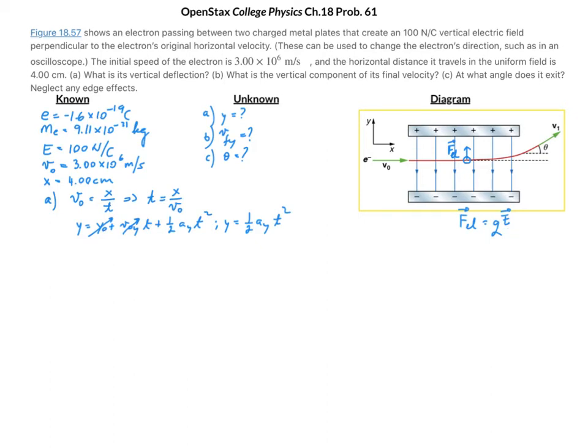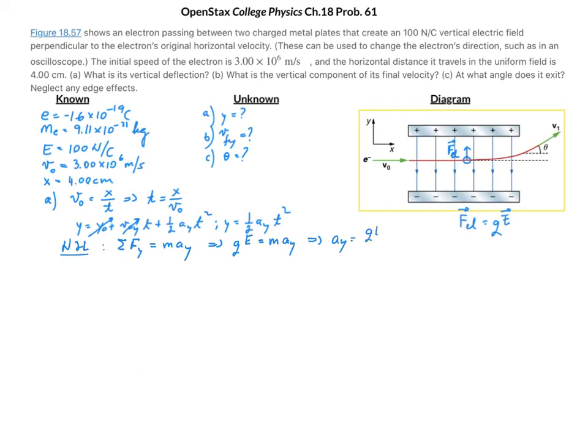And then when we write Newton's second law, the sum of the forces on the electron in the y direction is mass times acceleration in the y direction. Then we can say that the electrostatic force, which is charge of the electron times the electric field, is equal to the mass of the electron times the acceleration in the y direction. So we do know now the acceleration in the y direction.